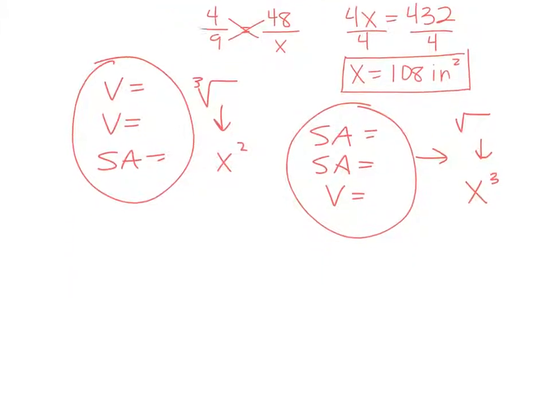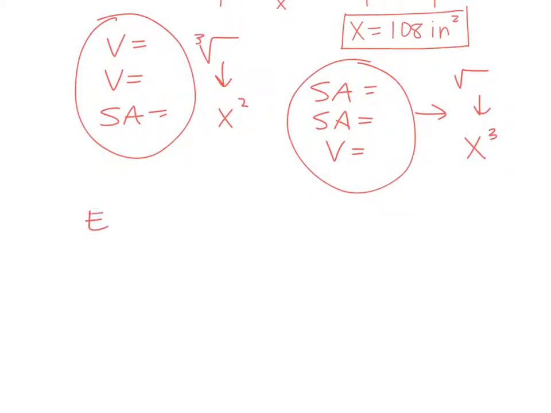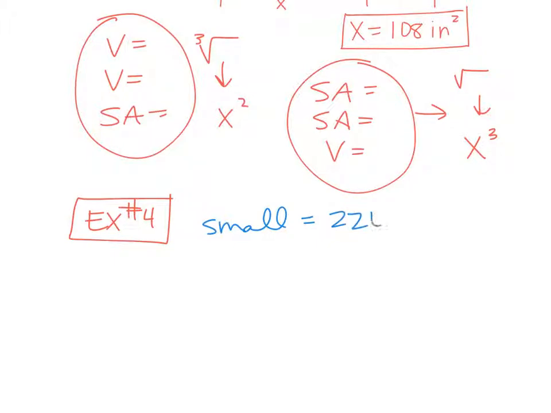All right, last one. And I'm not going to write this one out because it's a lot of words. But it says Office Max sells paper clips in small and large boxes. Okay, so a small box versus a big box of paper clips. The small box holds 220 paper clips.